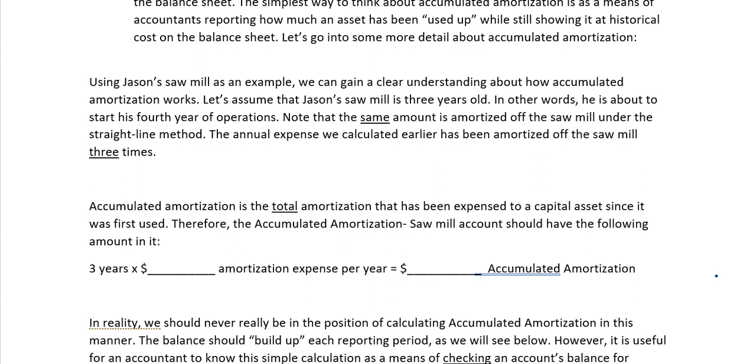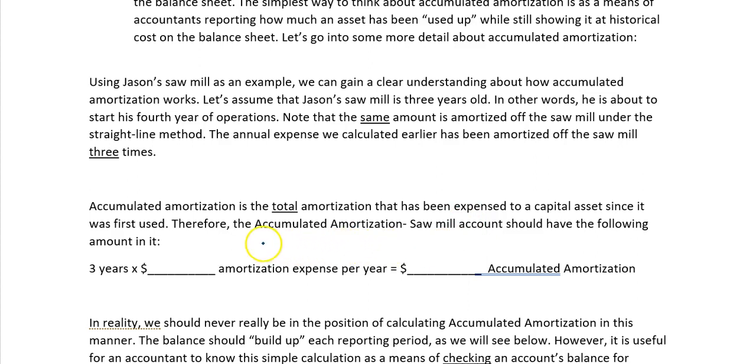So accumulated amortization is the total amortization that has been expensed to a capital asset since it was first used. Therefore, the accumulated amortization dash sawmill account should have the following amount in it. First I want to talk a little bit about this right here.